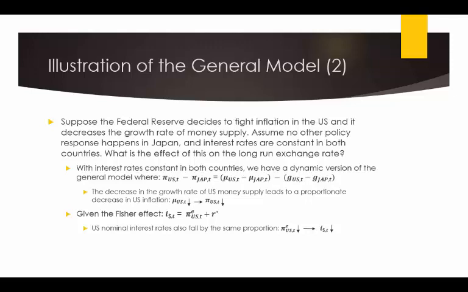Since this is a growth rate change, we look at the dynamic version of the general model. The decrease in US money supply growth rate will cause the inflation rate in the US to fall by the same rate. That fall in the US inflation rate, however, causes a fall in the US long-run interest rates because of the Fisher effect.